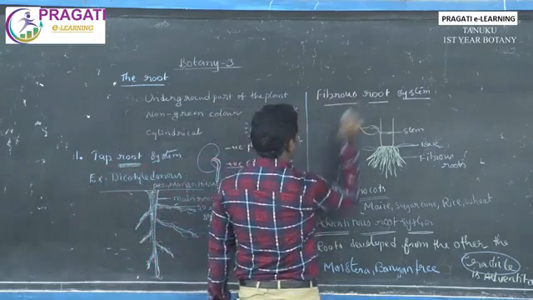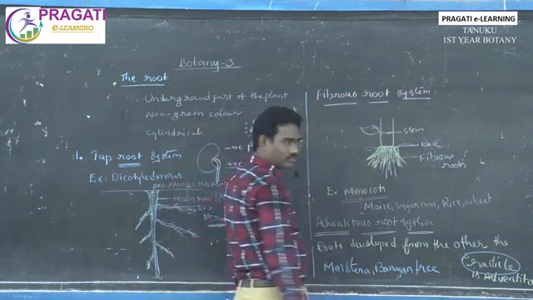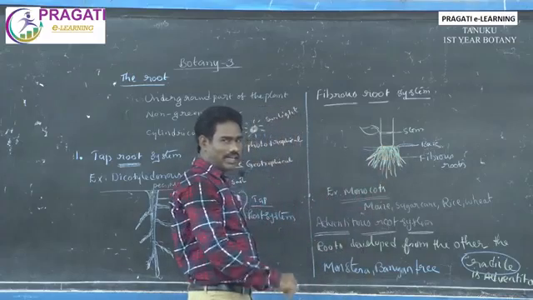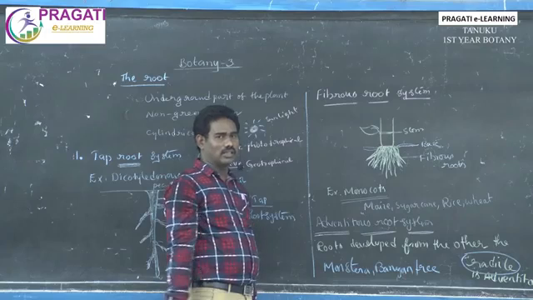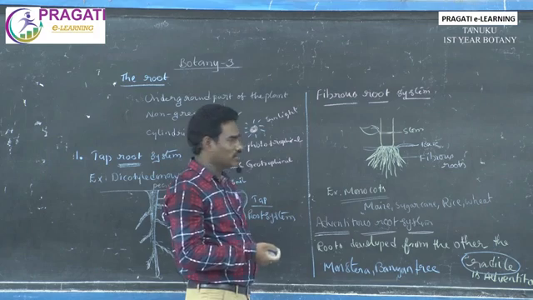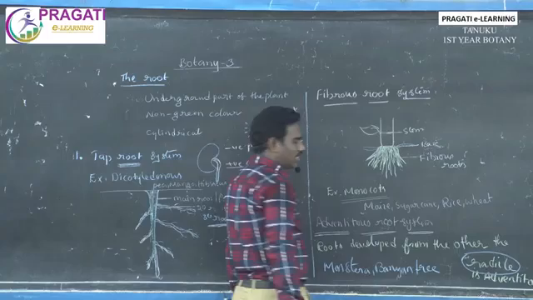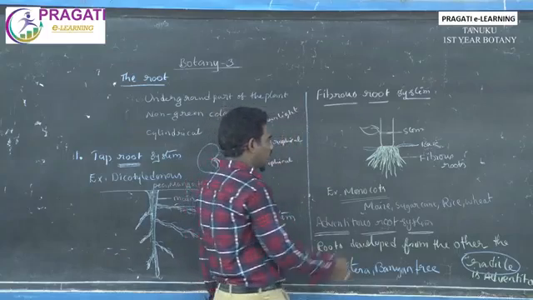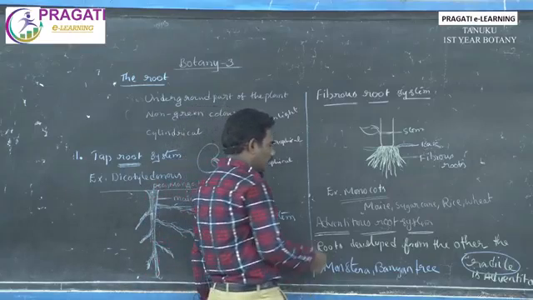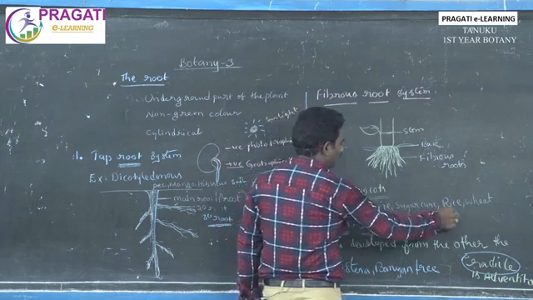Next one, the fibrous root system. In this system, the main root develops from the radicle, but it is ephemeral or short-lived. After the degeneration of the roots, a large number of roots originating from the base of the stem is called the fibrous root system. Example, monocot plants, that is maize, sugarcane, rice and wheat plants.